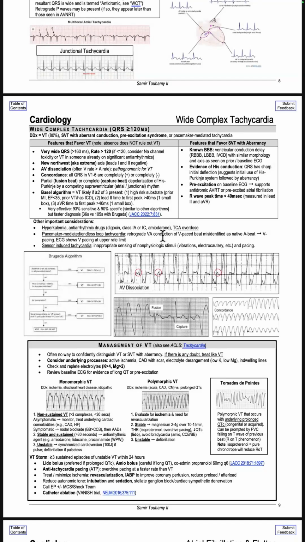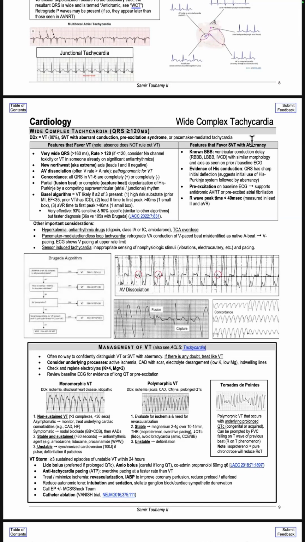Now I'm going to be talking about the pertinent positives for SVT with aberrancy. If there is a known bundle branch block, so any right bundle branch block, left bundle branch block, or IVCD, with similar morphology and axis as seen on prior or baseline ECG, that could be SVT with aberrancy.